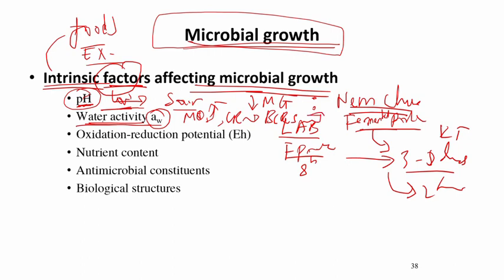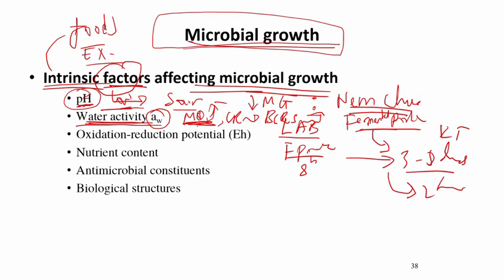And so when we lower the water activity, we remove water, and there are different techniques to reduce it. But when you make water less available, microorganisms will grow less.